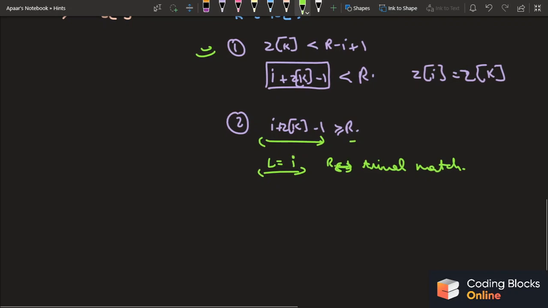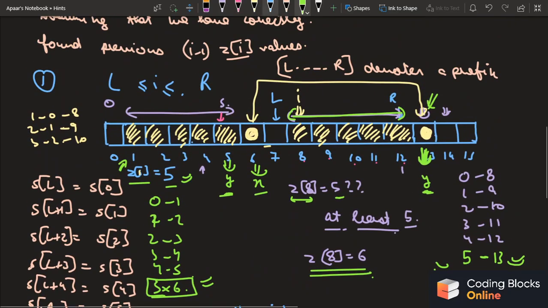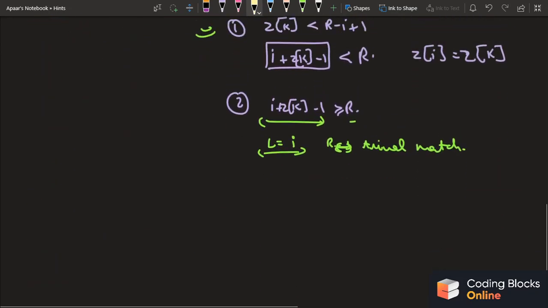These characters were already matching till R, so I have a future scope of also matching the further characters. So I'll make I equal to L and expand R, right?